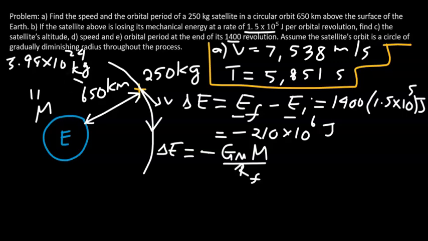So r sub f is the orbital distance of that orbit. So as the satellite makes its transition from the original orbit with radius r sub i to the final orbit with radius r sub f, it loses this much energy. So that is the idea.